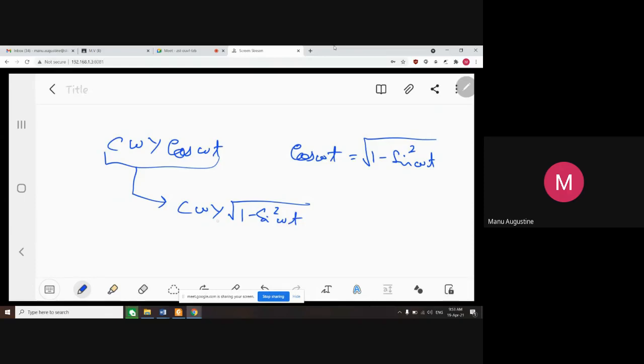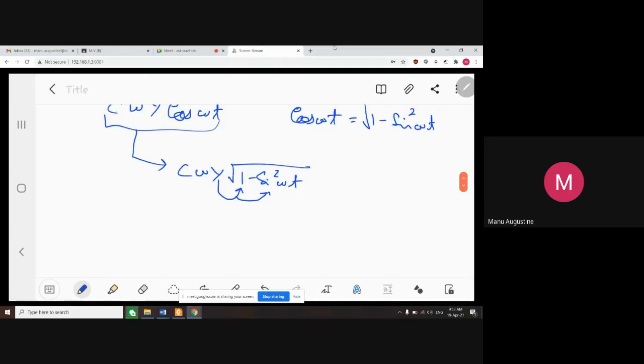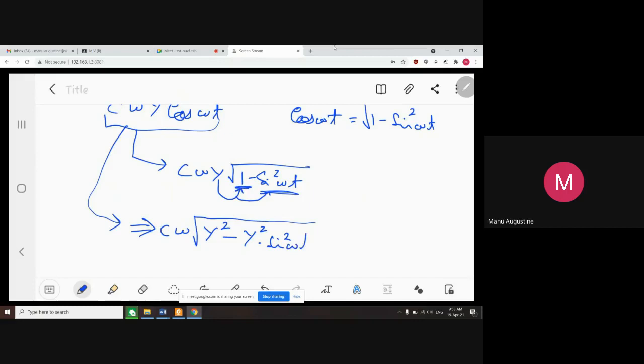Now I am going to take this Y inside the radical part. If I take Y inside, Y will become Y square and get multiplied here and here. So eventually, I am writing this expression as c omega under root of Y square minus Y square sine square omega t. This is what we have done.